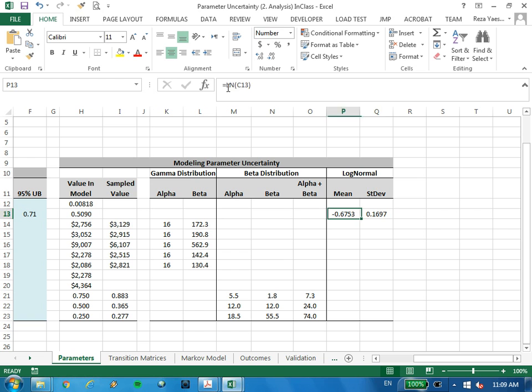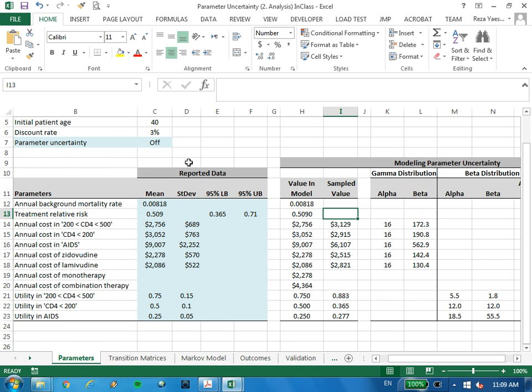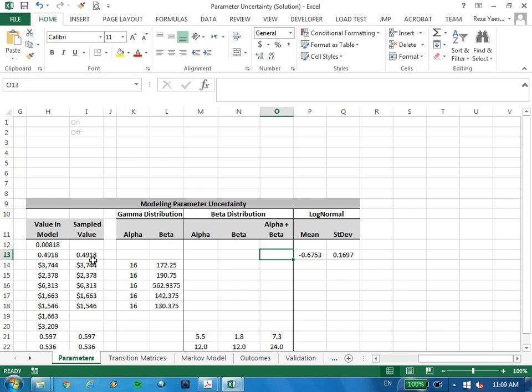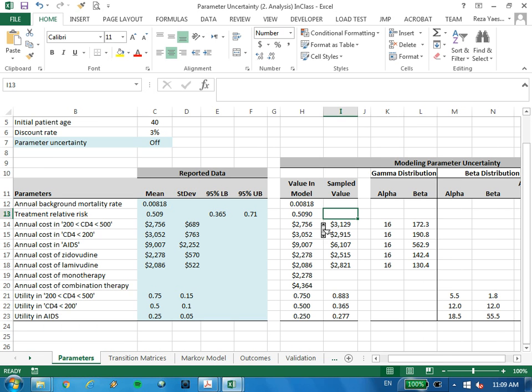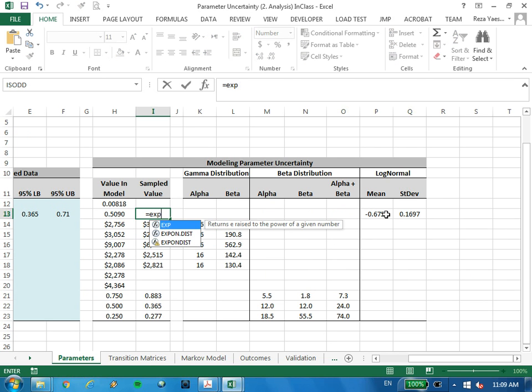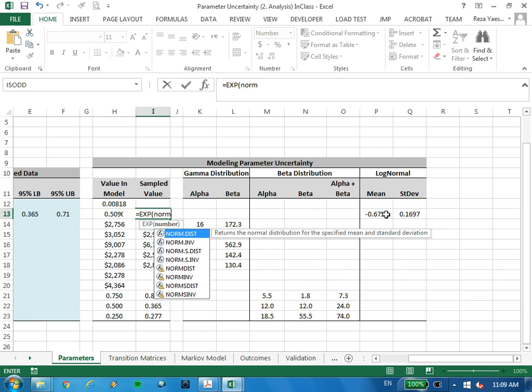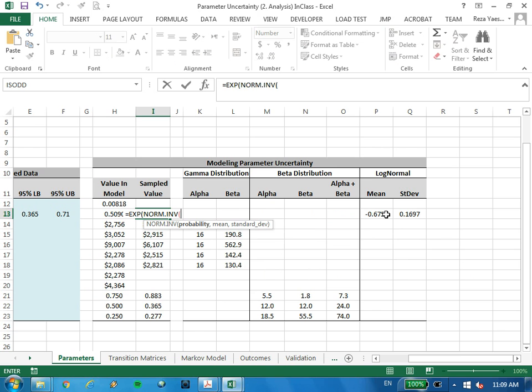Right. So this is the log normal. Now, if you want to take a sample from log normal, this is the approach that we use. So we have normal distribution.